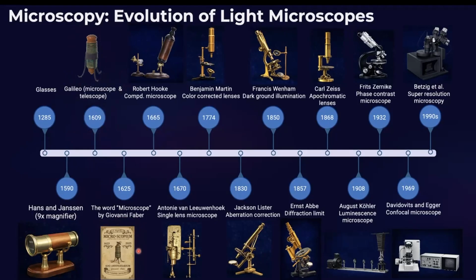And he was the one who coined the term microscope for the first time. Then later on, it evolved. There was a compound microscope from Robert Hooke, and then there was a problem. We will discuss this. Then Anton Leeuwenhoek looked at the bacteria using a highly precise single lens microscope.